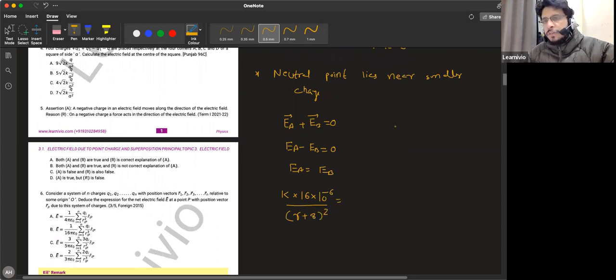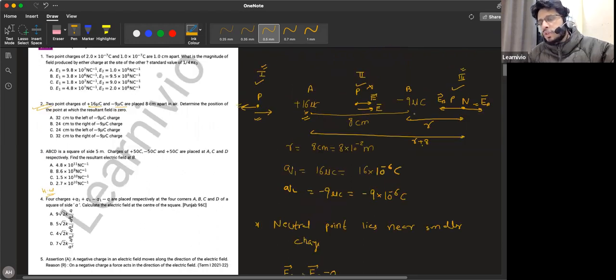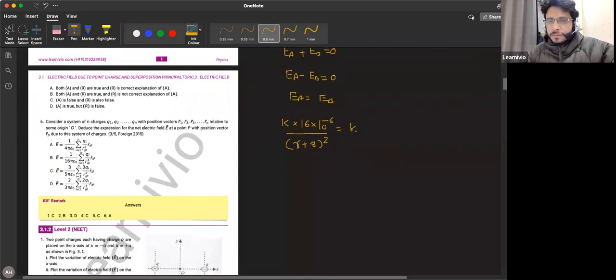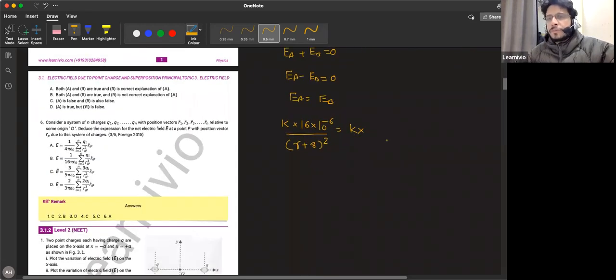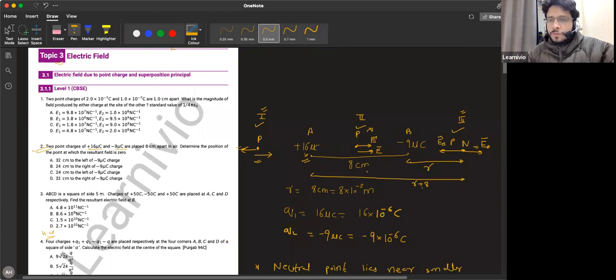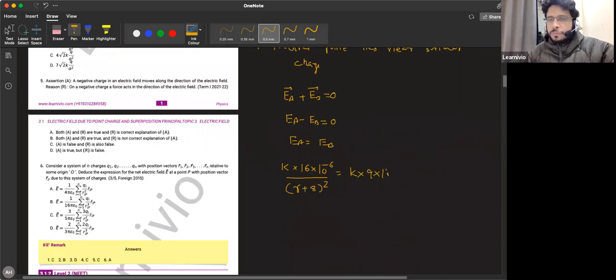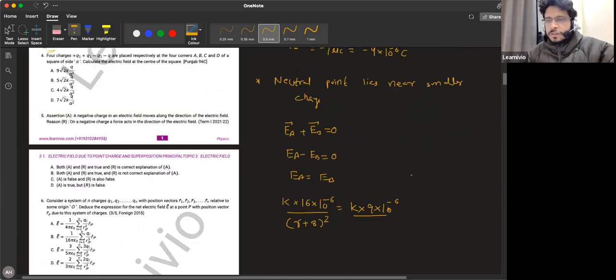When we calculate EB, see from B the separation is R, so it's K. Q is 9 microcoulomb. When we calculate magnitude, we don't substitute the sign of the charge. We will not put minus sign here. 9 into 10 raised power minus 6, and the separation here is R also.